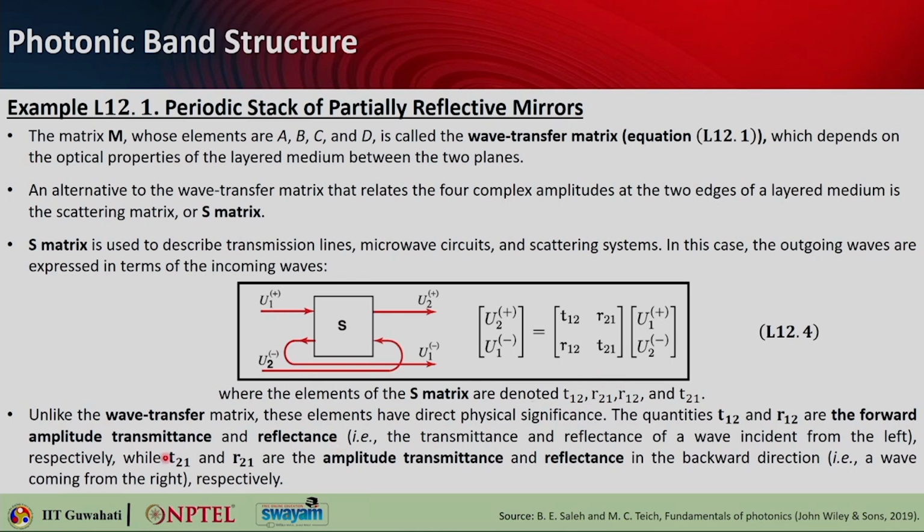On the other hand, T21 and R21 are the amplitude transmittance and reflectance in the backward direction, that is for a wave coming from the right side. So, it is easy to correlate physically what is happening in the case of the S matrix.